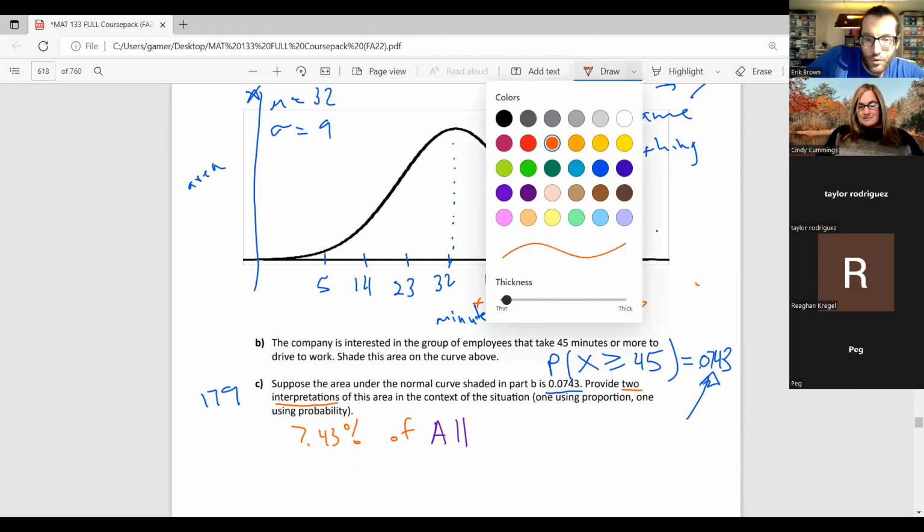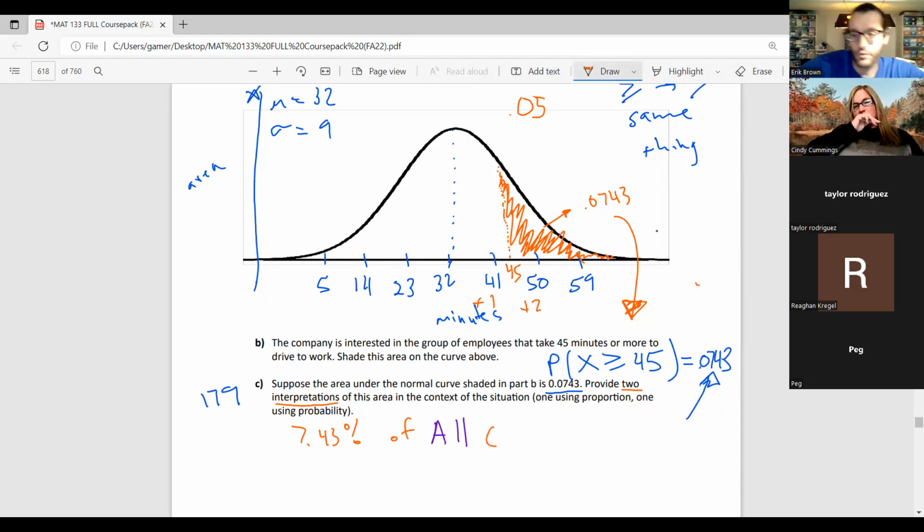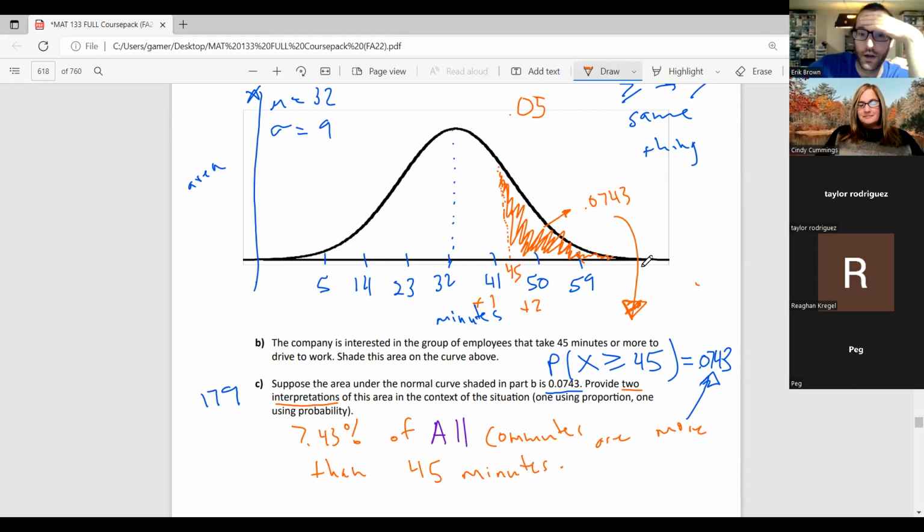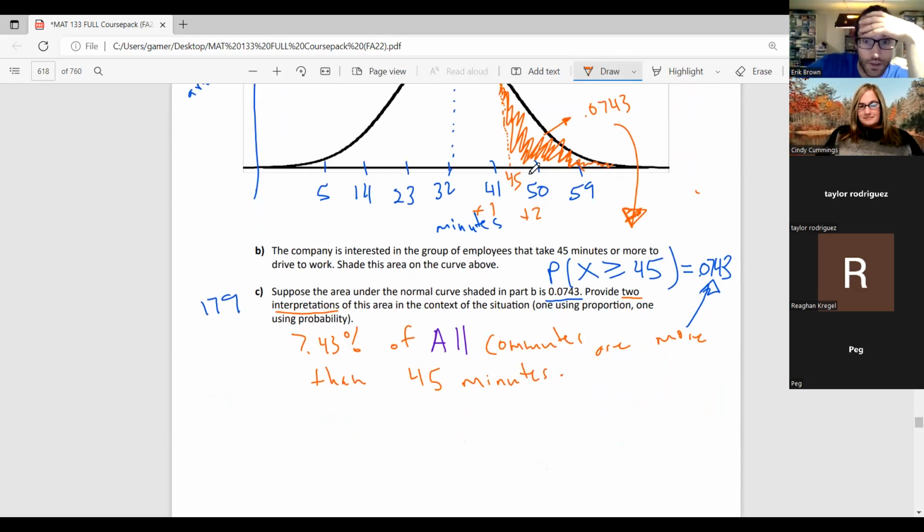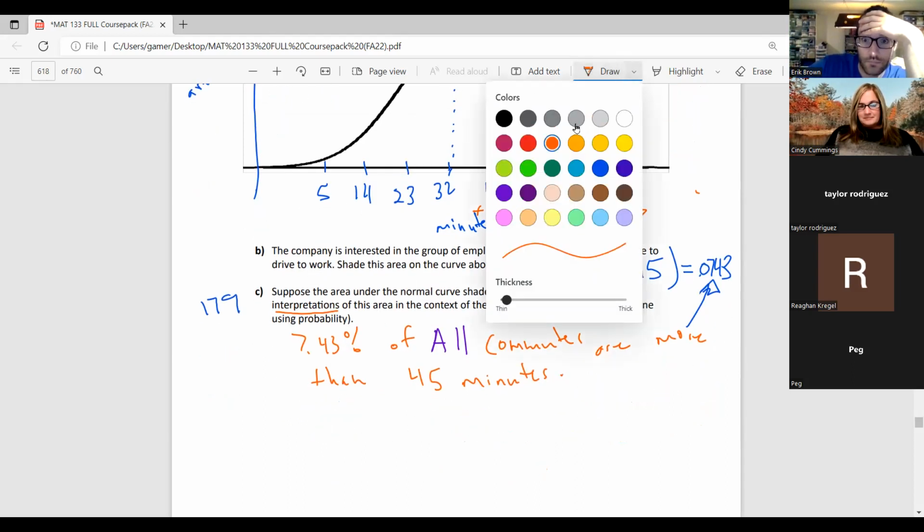So the proportion one is like looking at the forest and seeing all the trees in the forest. 7.43% of all commutes are more than 45 minutes. So you're looking at everyone and saying this percent of all people meet this particular criteria. The other one, anyone know the other one? Hint, you're looking at the trees in the forest.